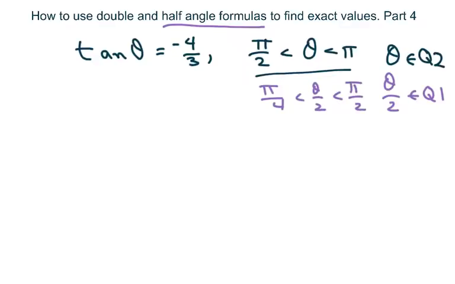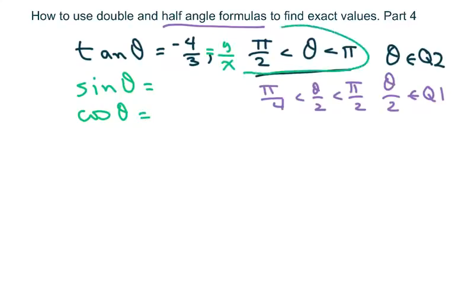Alright, so the first thing let's do is the double angles. For the double angles, I need to know what sine of theta and cosine of theta are. Well, I know that tangent is y over x, and we're in quadrant 2.